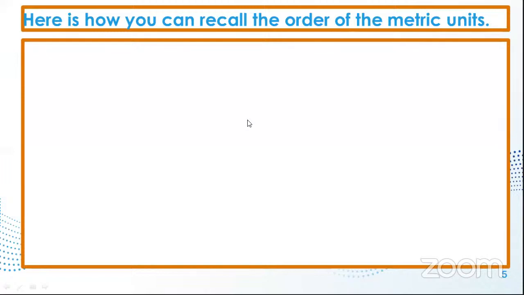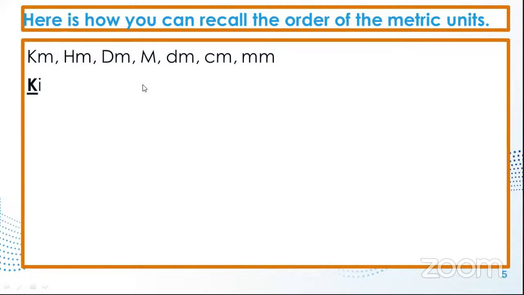In that order, so that order begins from the biggest to the smallest. But you can recall that order using what I'm giving you here. If you want to recall it, I have a very interesting way of recalling it.